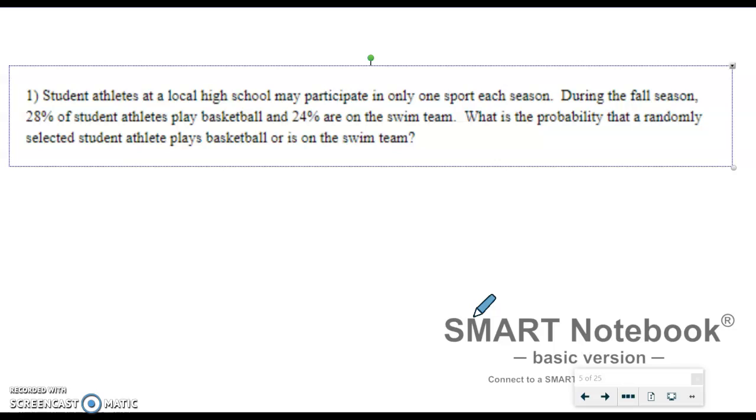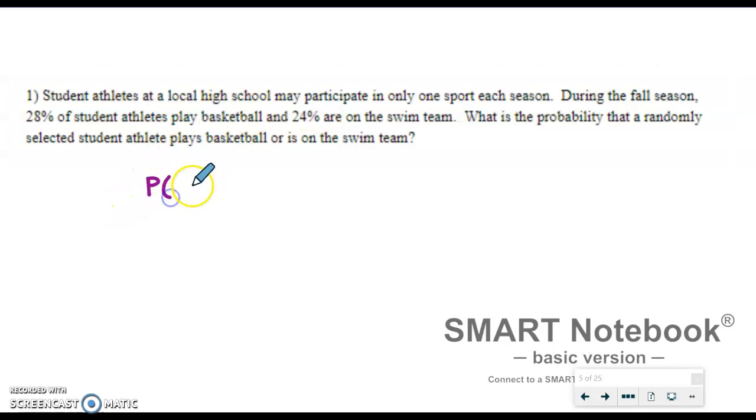Student athletes at a local high school may participate in one sport each season. During the fall, 28% of the students play basketball and 24% of the students swim. What is the probability that a randomly selected student athlete plays basketball or is on the swim team?